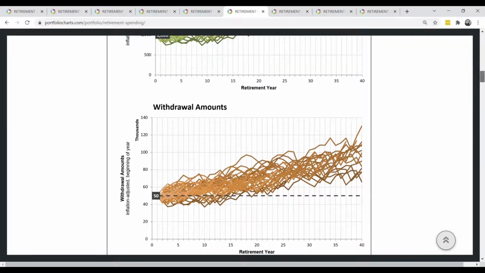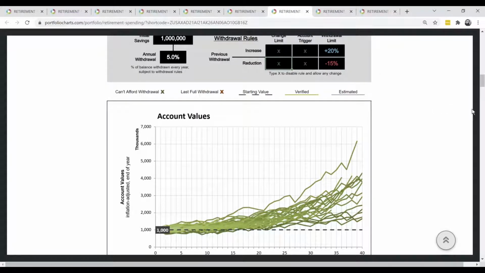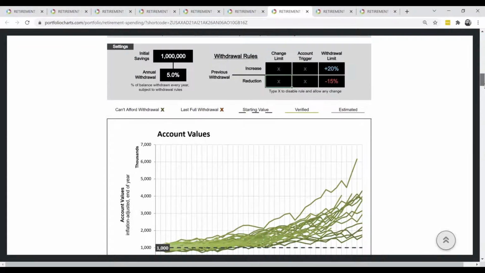And so that's a variable withdrawal rate. And then we're going to go over here and take a look at one of these other potential ones. This is something Bill Bengen suggested that, well, maybe you want to limit your withdrawals to a 20% increase and a 15% decrease, so they're not so variable.